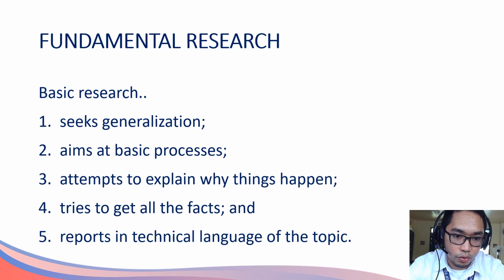So, if we seek generalization and aim for the basic processes, we are generalizing the description of a particular phenomena or situation, for example, based from the gathered data, through the basic research. Third, attempts to explain why things happen. Fourth, tries to get all the facts. And fifth, reports in technical language of the topic.